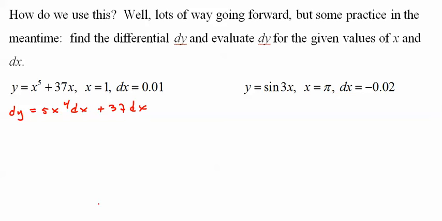And then we can calculate things. dy equals 5 times 1 to the 4th times 0.01 plus 37 times 0.01. And we will get 0.42.